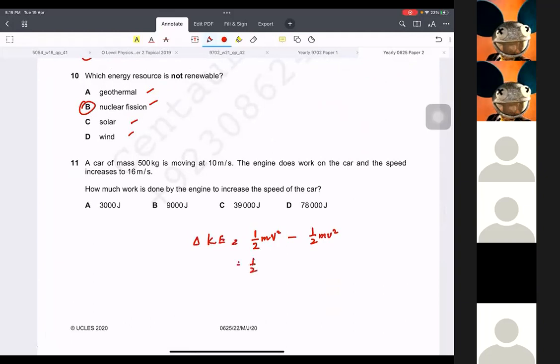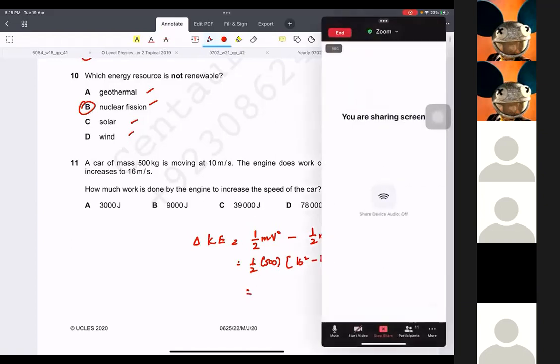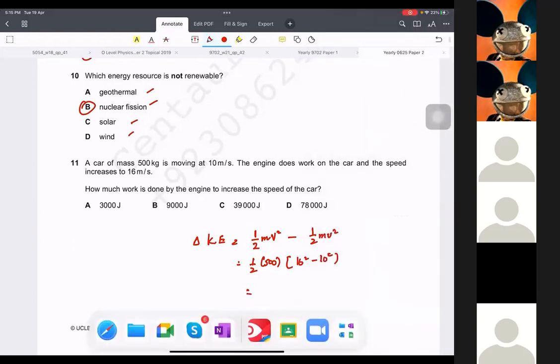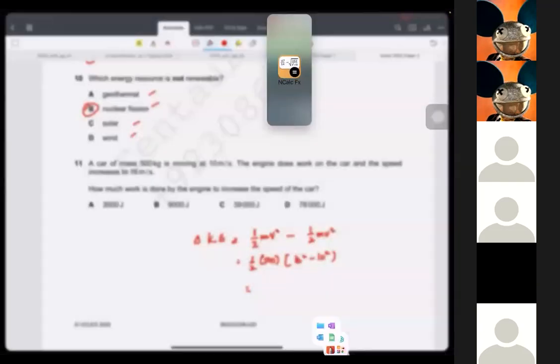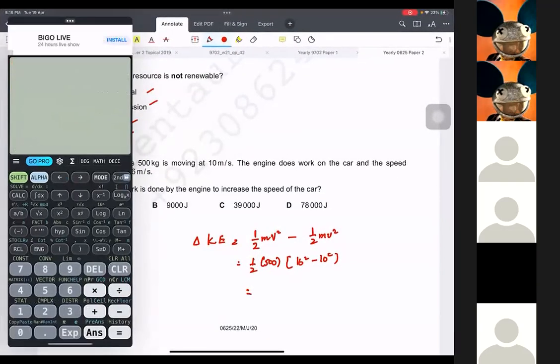So half m, which is 500, and I'm going to take this as 16 squared minus 10 squared. You have to take out the calculator. 250 times 16 squared minus 10 squared. So that would be 3900.